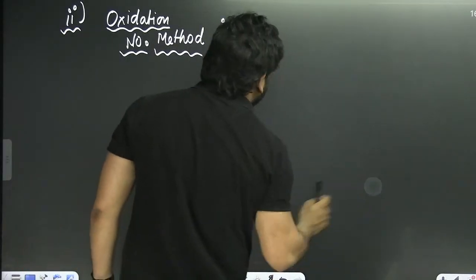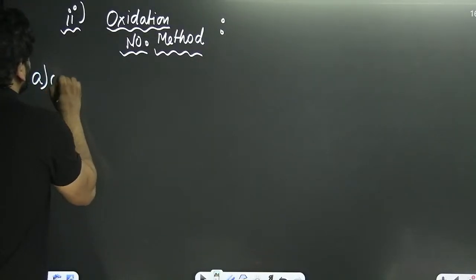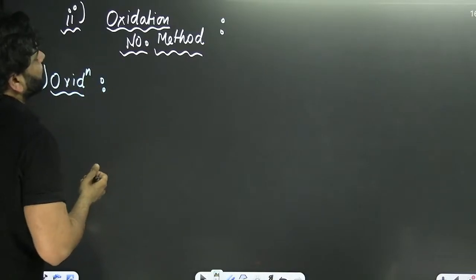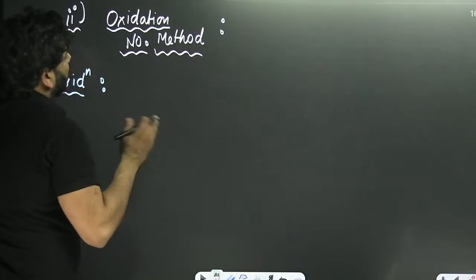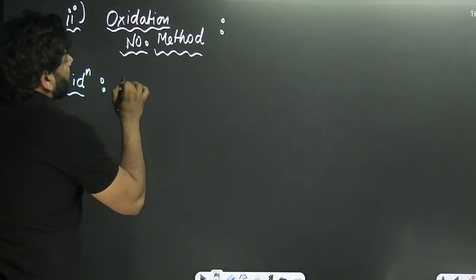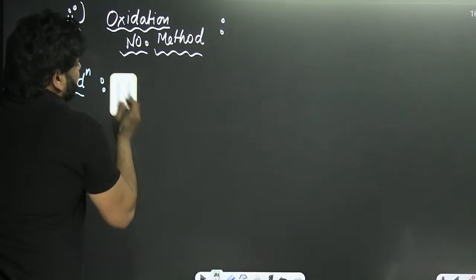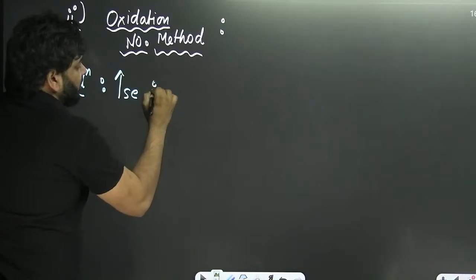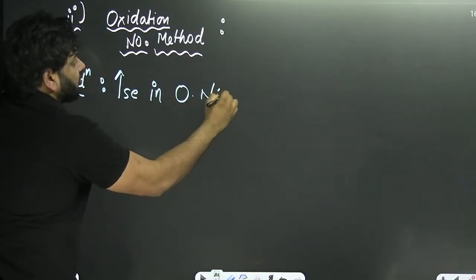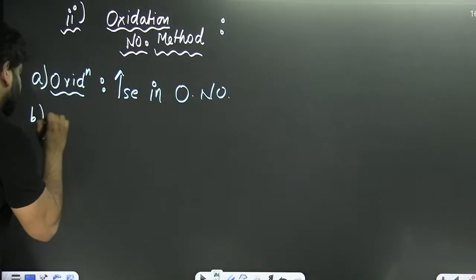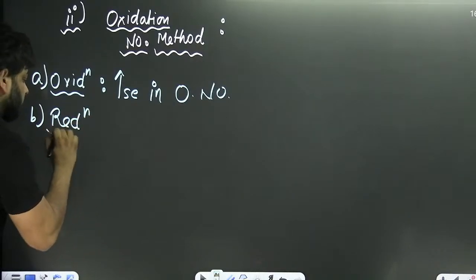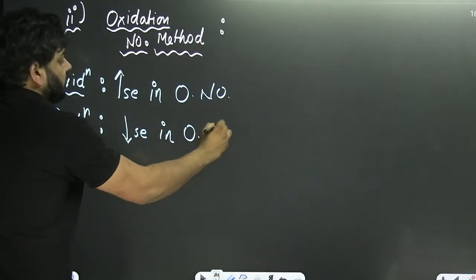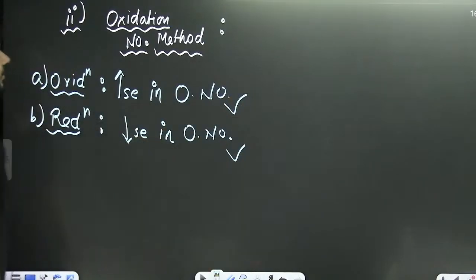It's very simple: a process is called oxidation whenever there is an increase in the oxidation state of some element, compound, or molecule. Oxidation is the increase in oxidation number, and similarly reduction will be the decrease in oxidation number.